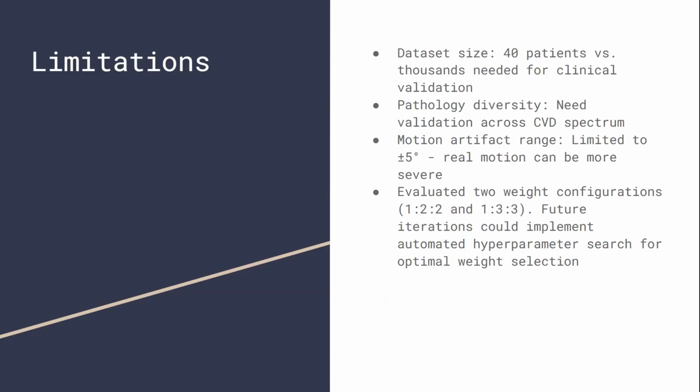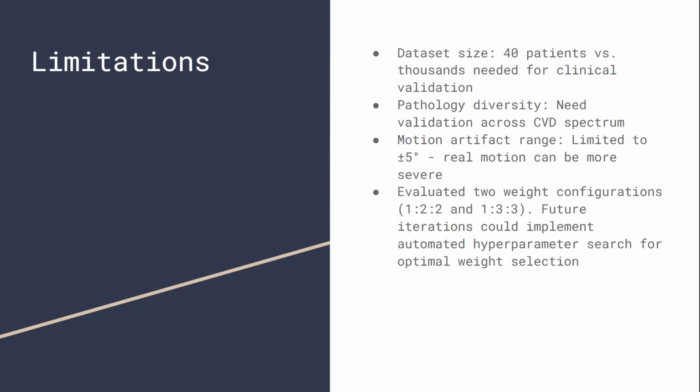We also only did rotation across one axis, and it's limited to 5 degrees, so real motion can be more severe and more complicated. Also we can evaluate more weights, and future iterations could implement automated hyperparameter search.